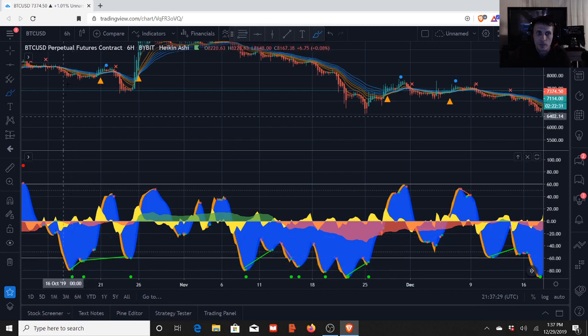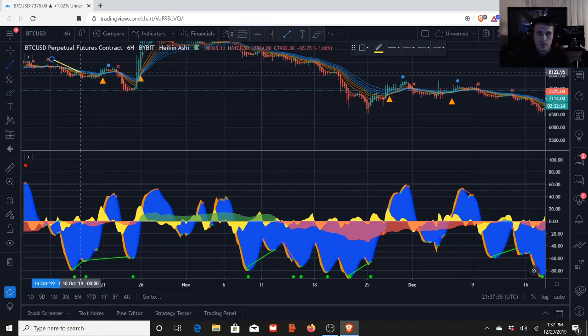Waves are moving up, candles are moving down. Boom, bullish divergence. And same here, waves moving up, candles moving down, lift off.